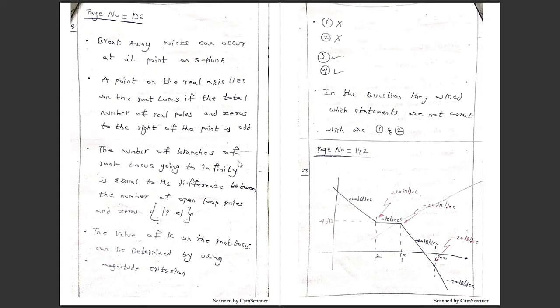The number of branches of the root locus going to infinity is equal to the difference between the number of open loop poles and zeros, which is mod of p minus z. So the difference between the number of open loop poles and open loop zeros tells you the number of branches of the root locus going to infinity.